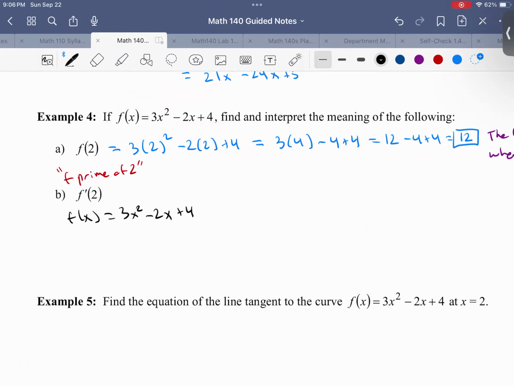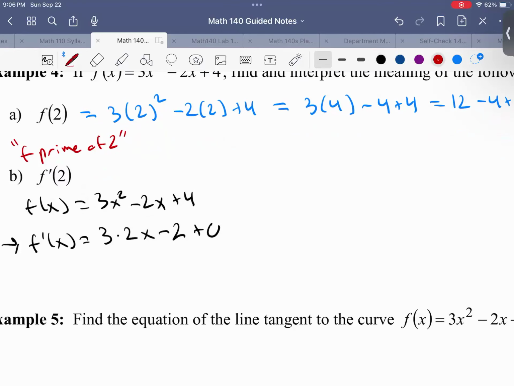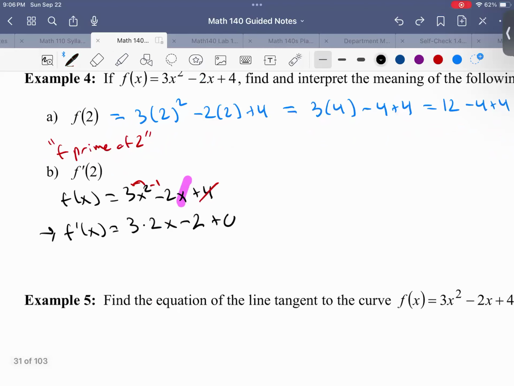We have to find the derivative, so f prime of x. When we take the derivative, it's 3 times 2x minus 2 plus 0. Just to reiterate, the 2 drops down, we subtract 1. The x drops when it's just an x, and the constant just goes to 0.